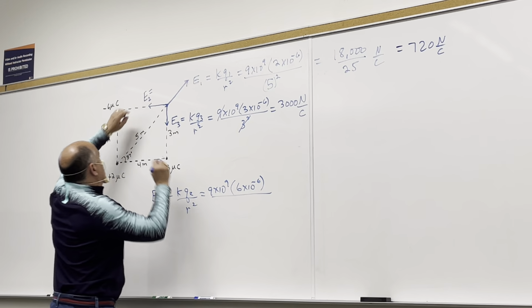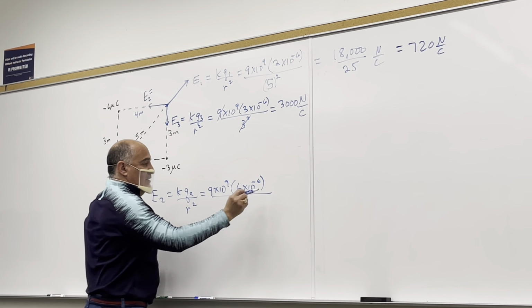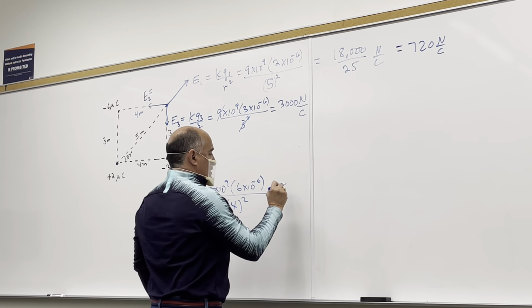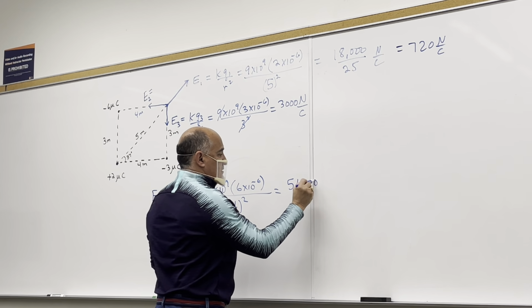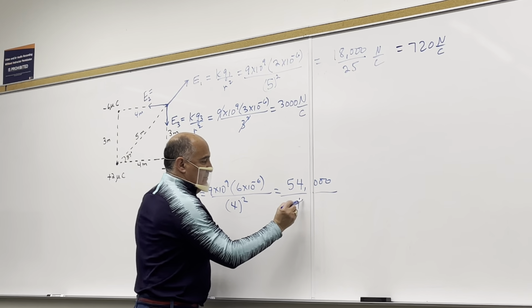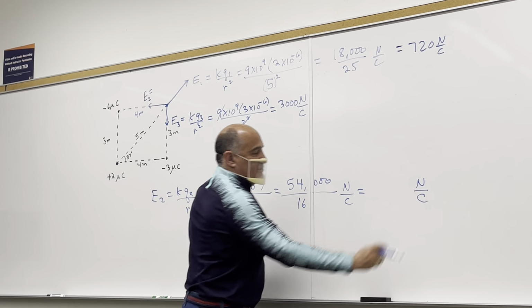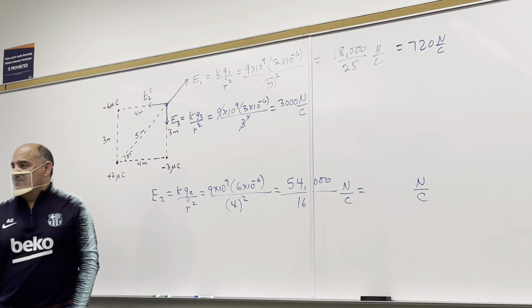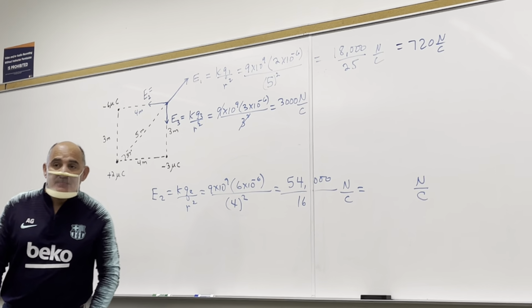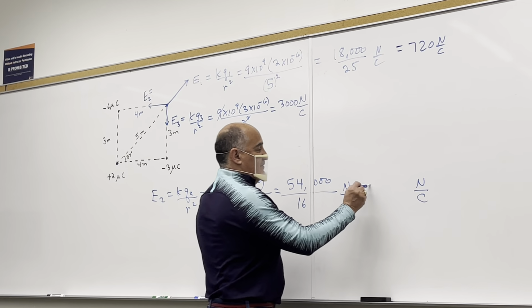And this distance is 4 meters. So that would be 4 squared. So that would be 9 times 6 is 54. And then it's 1,000 because of the 10 to the 9 and 10 to the minus 6, divided by 16. And I don't know what this is. But what is that? 3375.